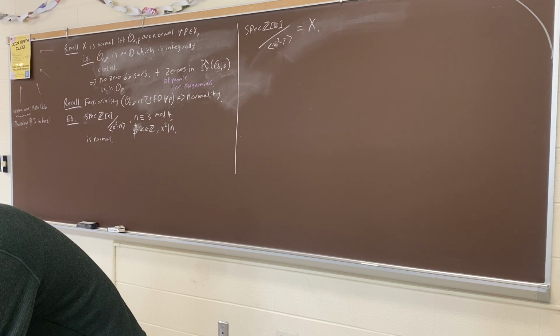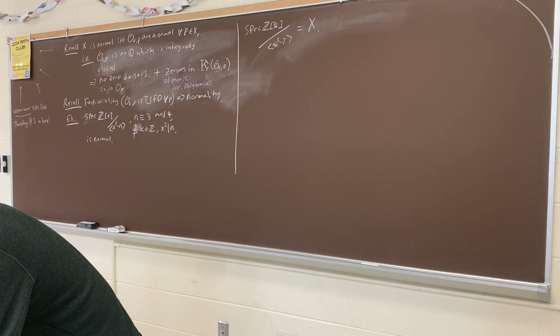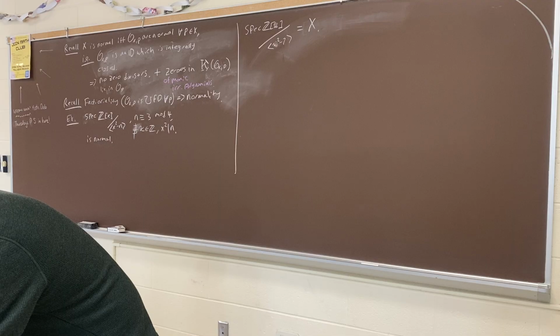Spec Z[x]. And then we want to determine what goes weird with x squared minus 7.